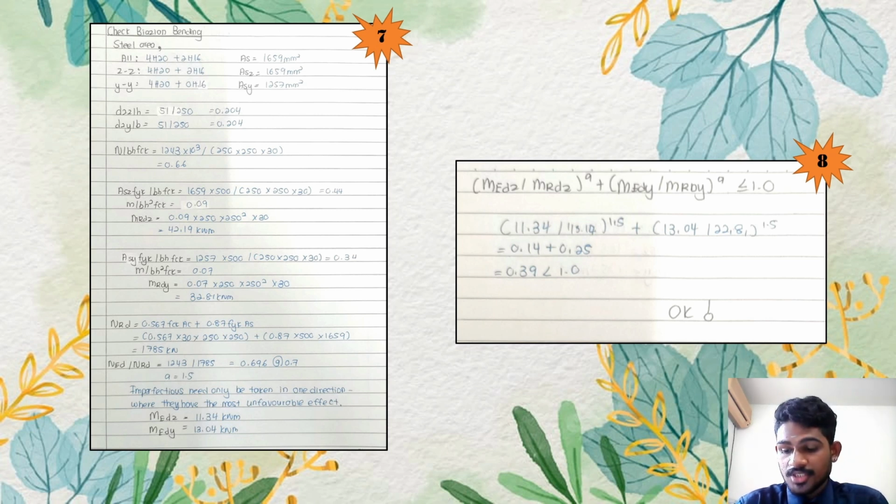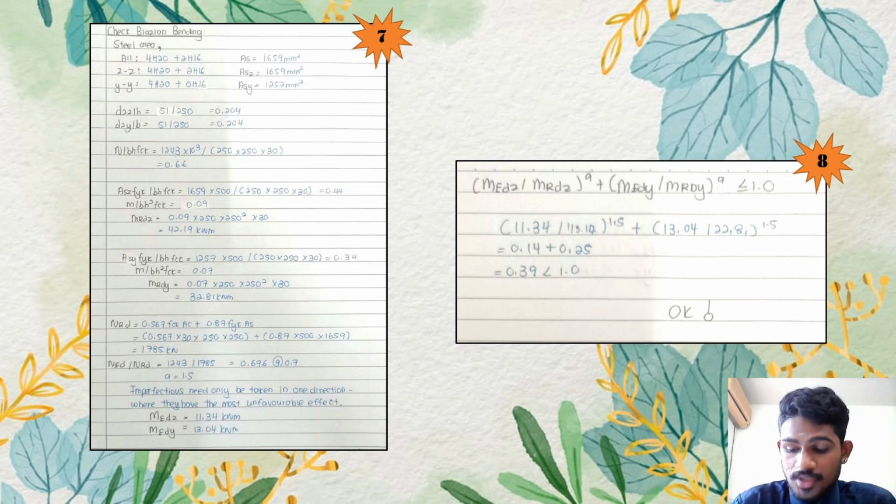Okay, for the N per BHFCK, you will get the value of 0.66, and also the ASZFYK per BHFCK, you will get a value of 0.44, and for the M per BH power of 2 FCK, you will get a value of 0.09.